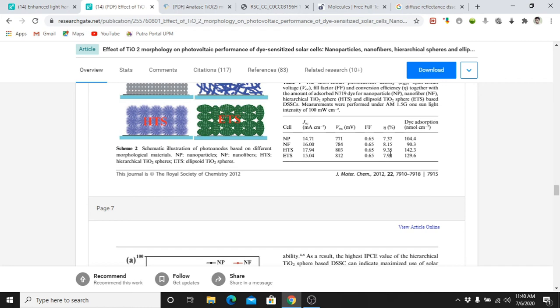The extra incident light can excite more electrons and can increase the dye loading capacity. That's why the dye absorption increases. With more electrons excited, we can produce more photocurrent and more photovoltage. I think that's all about the diffuse reflectance.